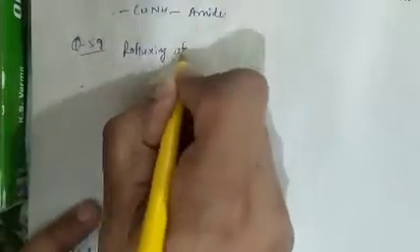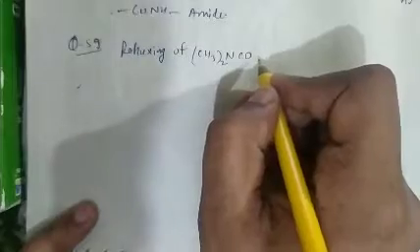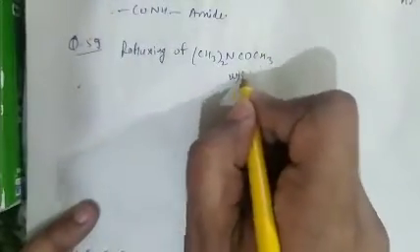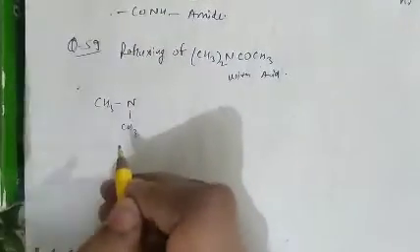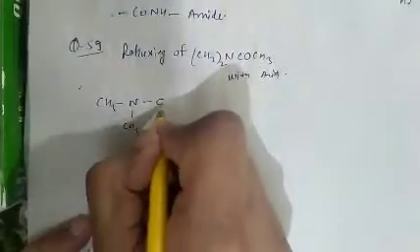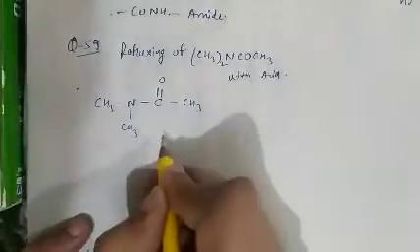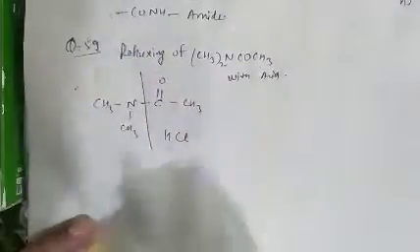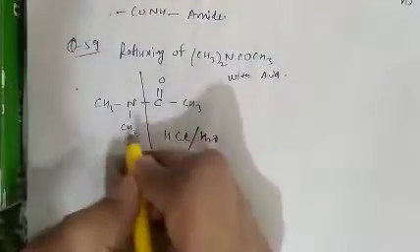The refluxing of this compound, CH3 twice on N and COCH3, with acid gives, as we can see, when this compound reacts with HCl, the bond will break from this side, and with hydrolysis, water will attack.